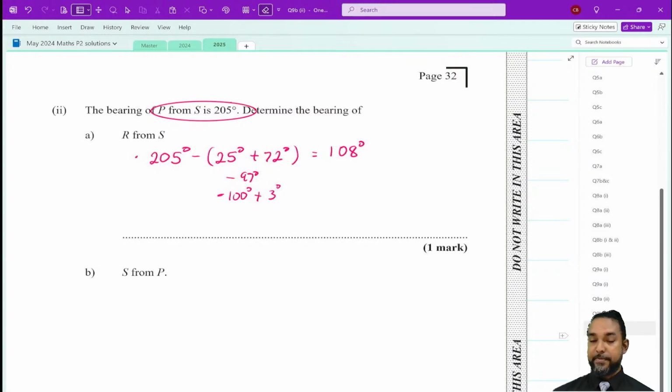And then the bearing of S from P. So the bearing of S from P is what I like to call the reverse bearing. And we have a couple of little shortcuts that we learned when we did bearings back in early January.